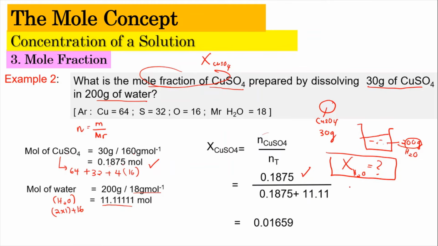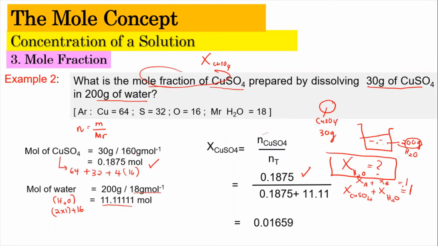As I have shown in the earlier slide, we know that X CuSO4 plus X H2O is equal to 1. It is the same formula as in the earlier slide, XA plus XB is equal to 1, because we have only two components.